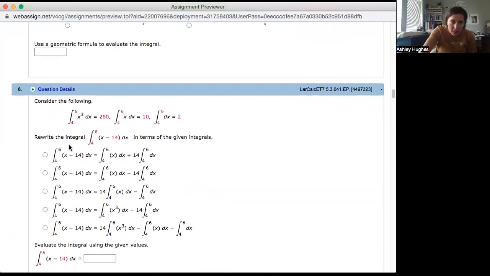Consider the following. Rewrite the integral from 4 to 6 of x minus 14 in terms of the integral. So we have this, and then minus 14 of those. So it would be the second one.